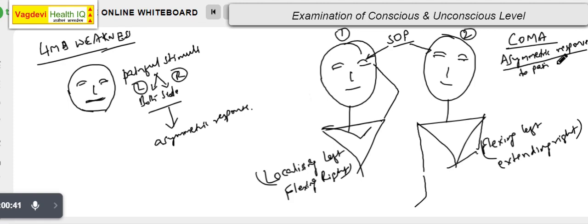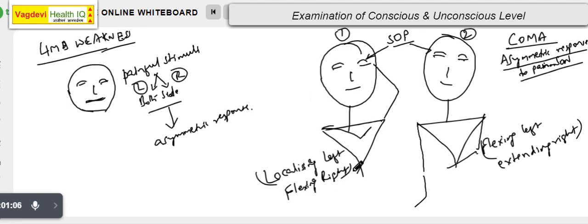To pain, what we created as supraorbital nerve pressure, right? This is where it happened. So what is it indicating? Anybody can tell me? Because what is happening here?